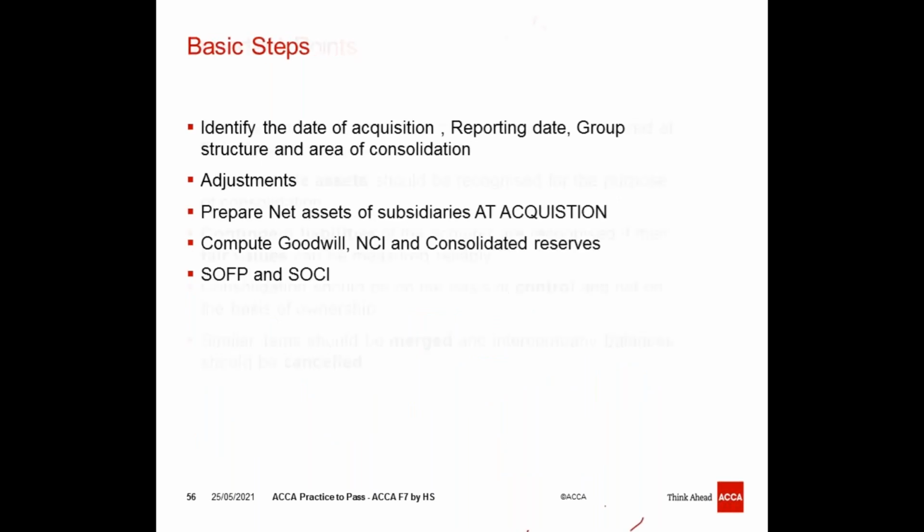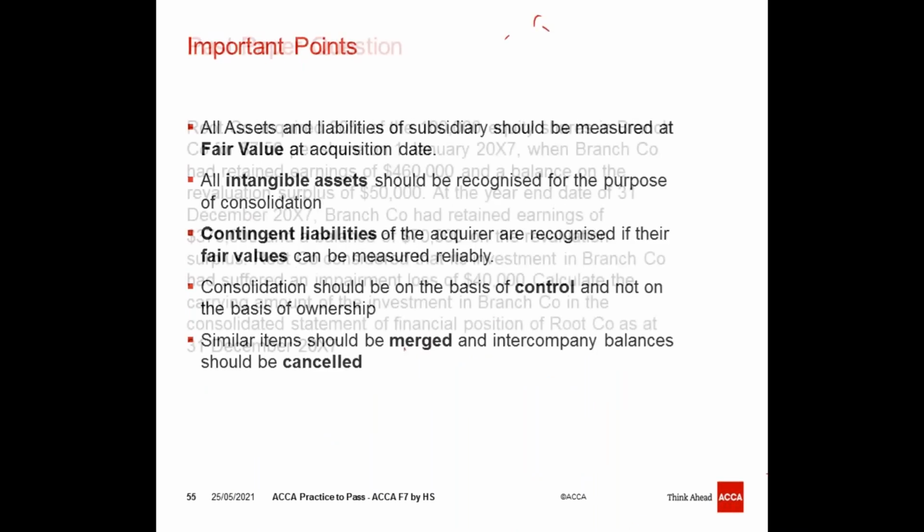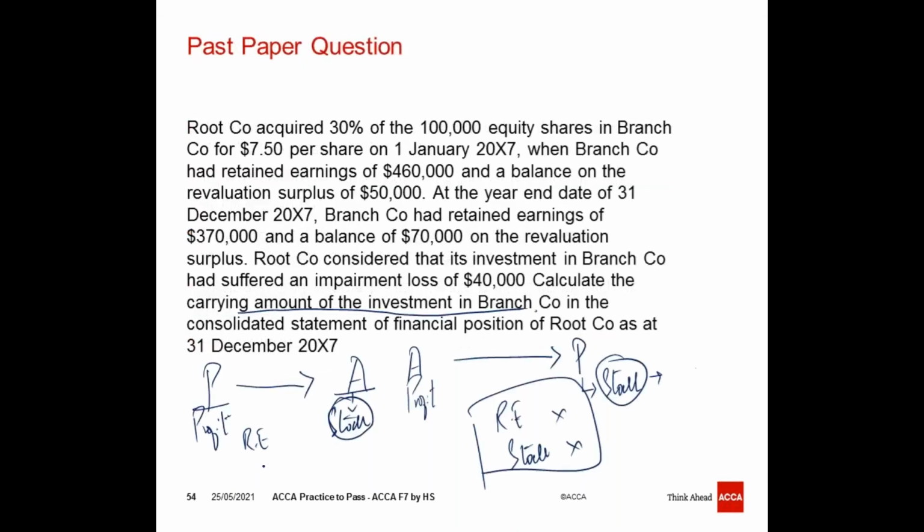Therefore, we need to adjust this from the investment in associate. So that's the logic behind these two transactions. So you can never adjust the investment in associate when A sells goods to P. So it might be a printing error in the book, but the real concept is here.